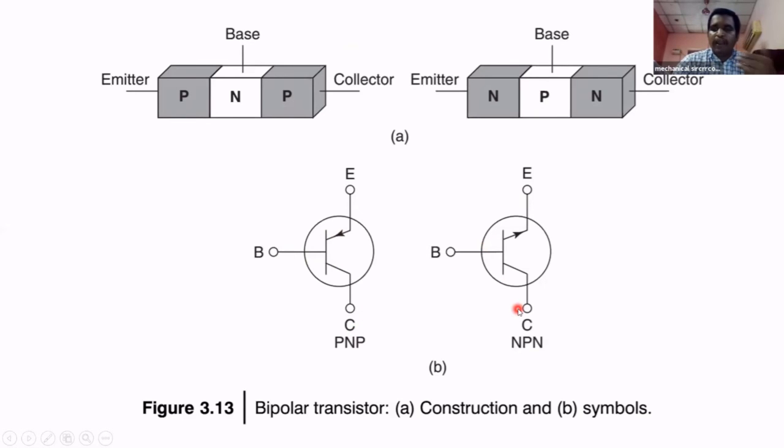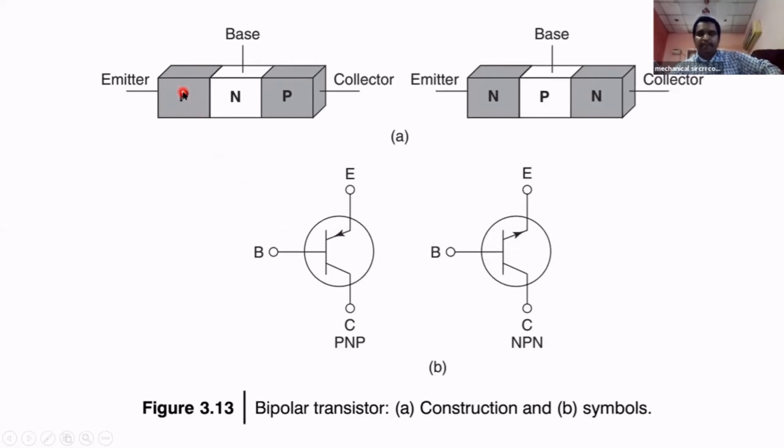You identify whether it is a PNP or NPN transistor based on the arrow direction. Note that here we are considering the direction of flow of holes. Which one is the source of holes?